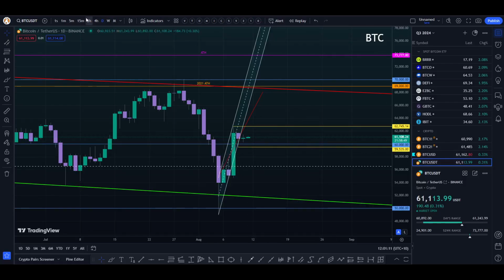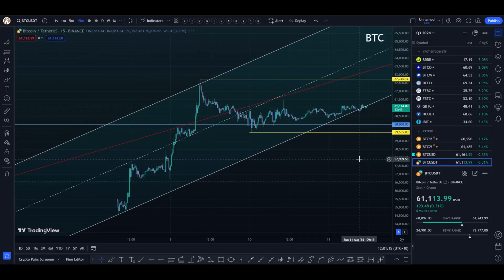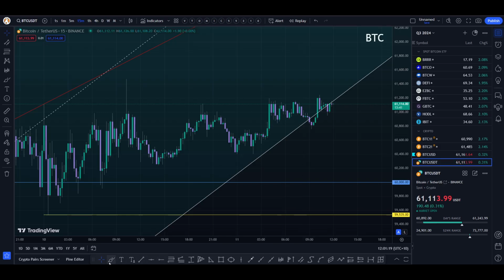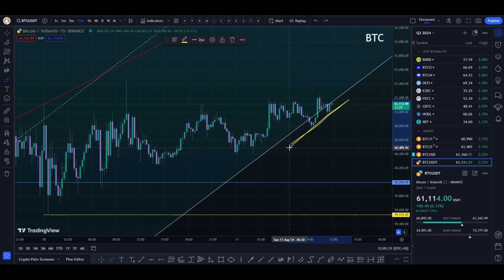Let's go back down, maybe even go to a smaller time frame, and see if there's anything happening here. So you can see the precision is not there. Perhaps this line needs some adjustment to encompass this action here.